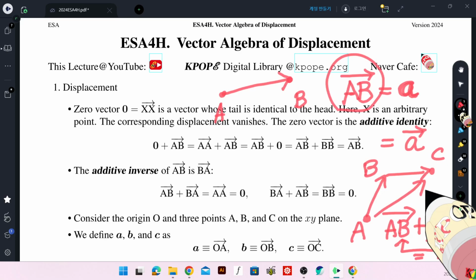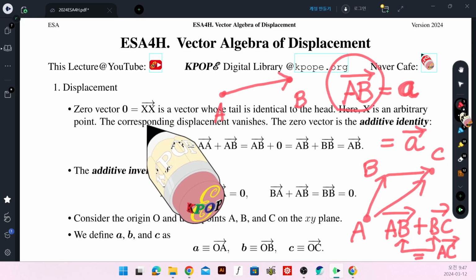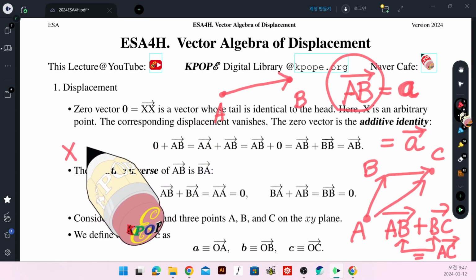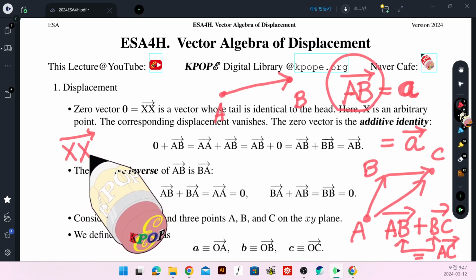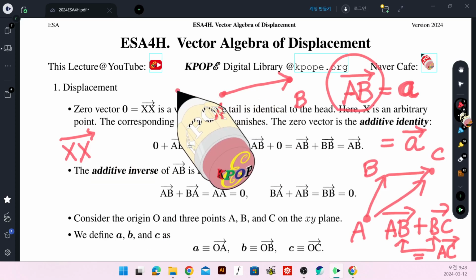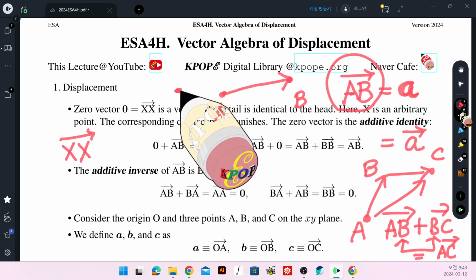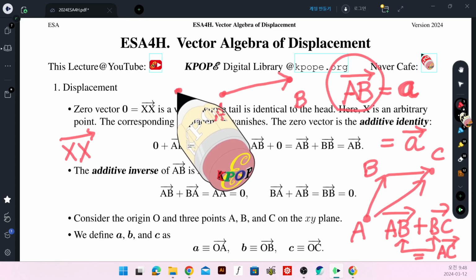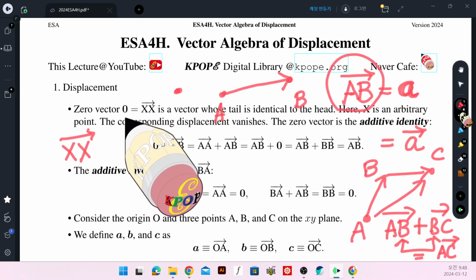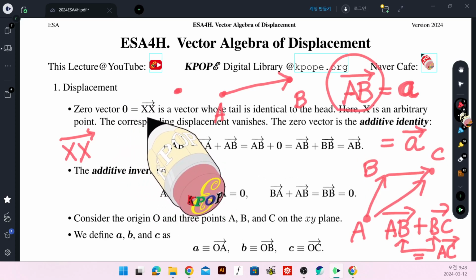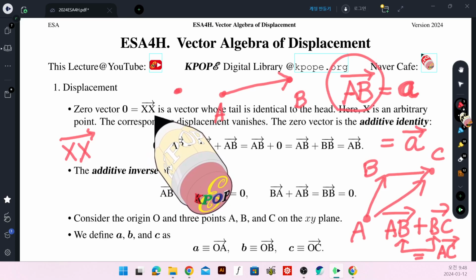Okay, a zero vector. If I use the same point for the starting point and end point, what happens? There is no change, the difference is 0. So the zero vector represents the displacement from a point to that point.